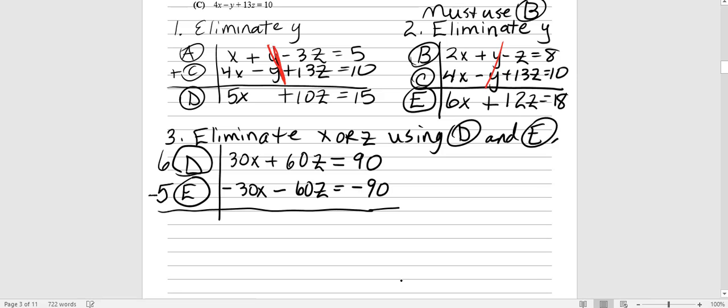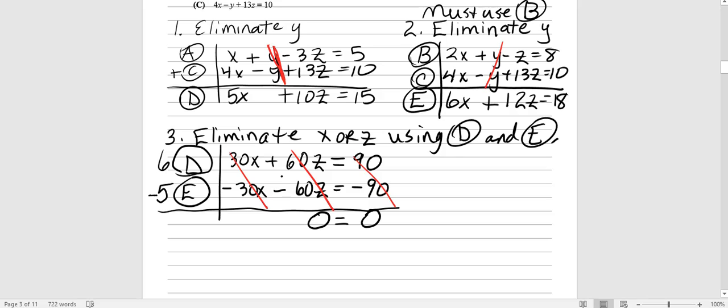So when I do this, I find that I not only eliminate x, but I also eliminate z. And I wind up on the left side of the equals with a 0, and the same is also on the right side of the equals.